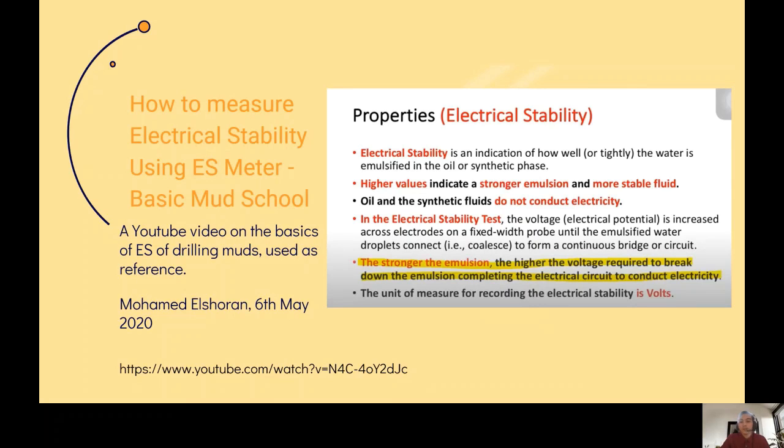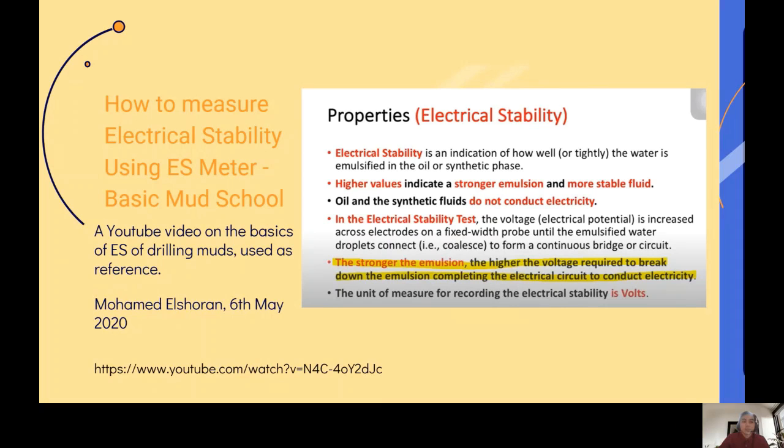It highlighted that the stronger the emulsion, the higher the voltage required to break it down, completing the electrical circuit to conduct electricity. So the higher the reading from the ES test, the stronger the emulsion is, the more stable it is.